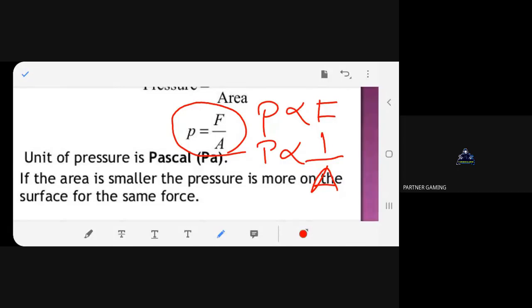Yes, ma'am. Okay. So if A is more, then P will be less. If A is less, then P will be more, because they are inversely proportional to each other. Have you understood now? If one is more, the other has to be less. Right?